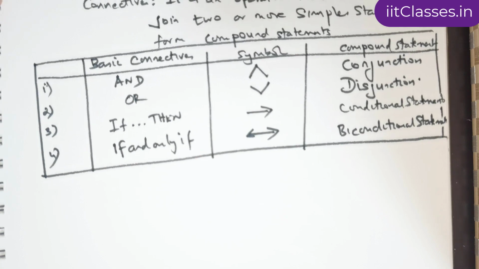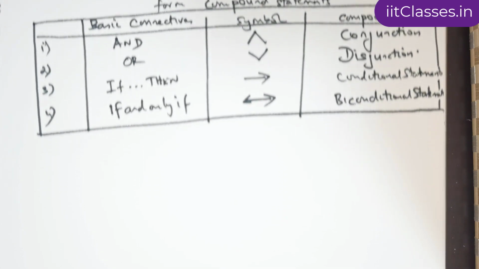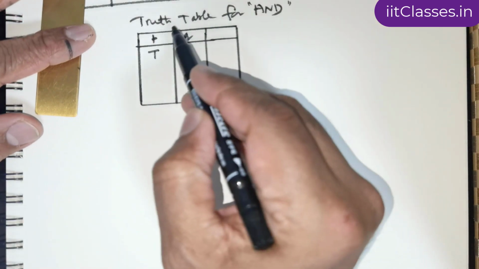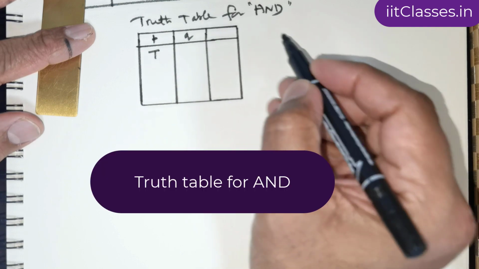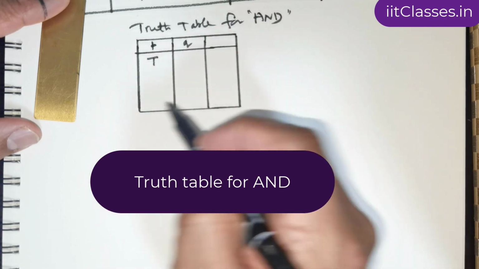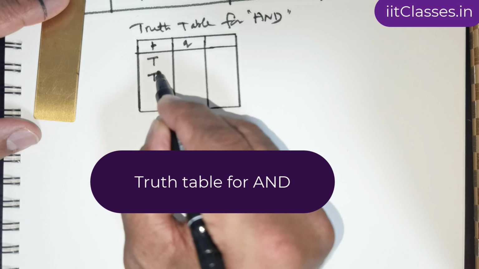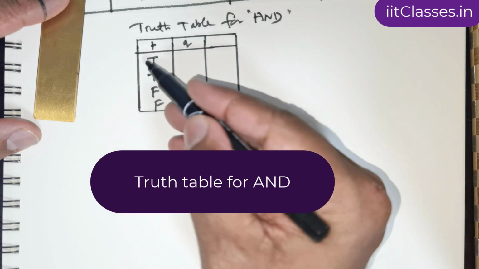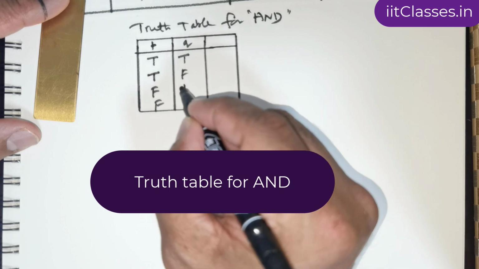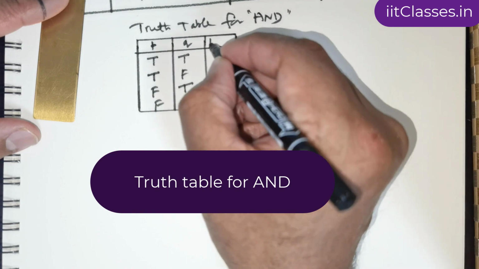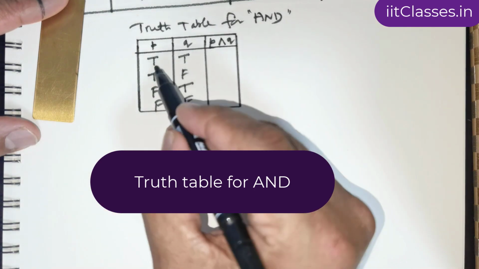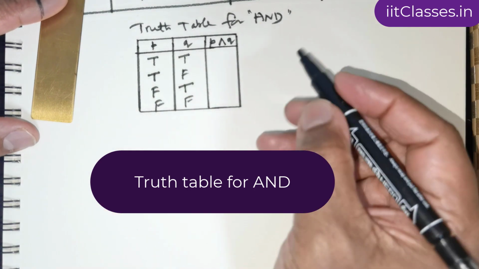Okay, so we will do questions related to these connectives so that we get a better understanding. This is the truth table for AND. I will give you a trick so that you will be in a better position to approach these questions. We have P and Q, so for P I'm going to take T, T, F, F, true, true, false, false, and for Q I'm going to take true, false, true and false. Now we are apt to obtain P and Q. What happens when you have true and true?